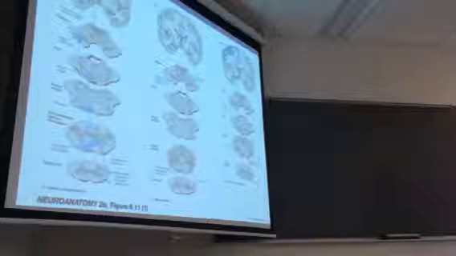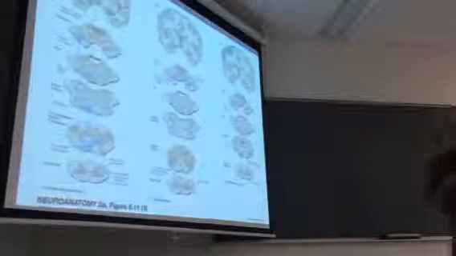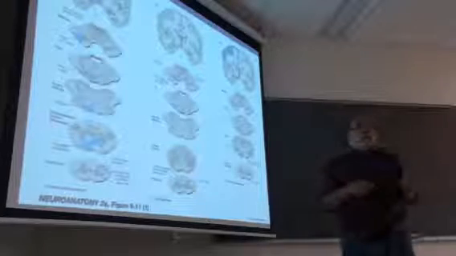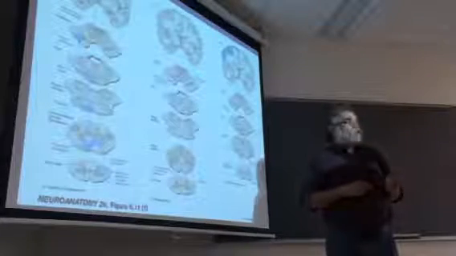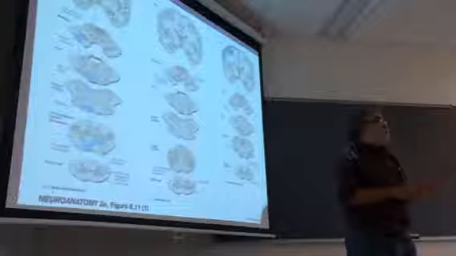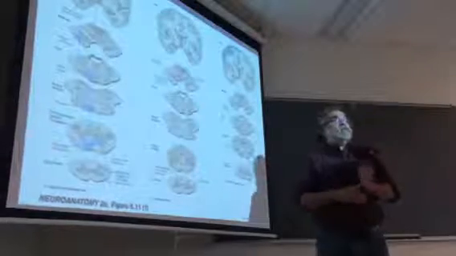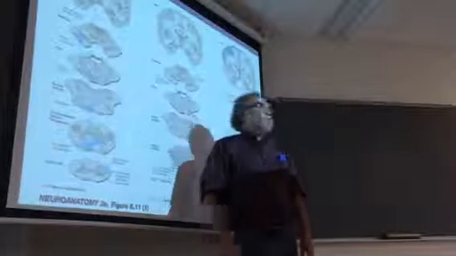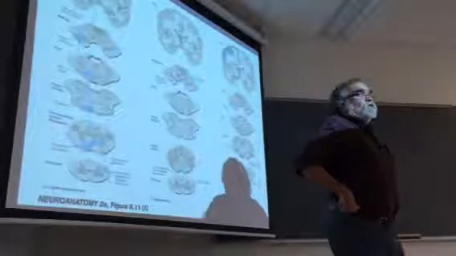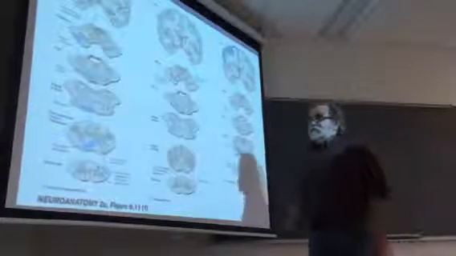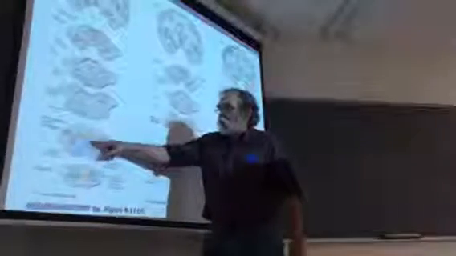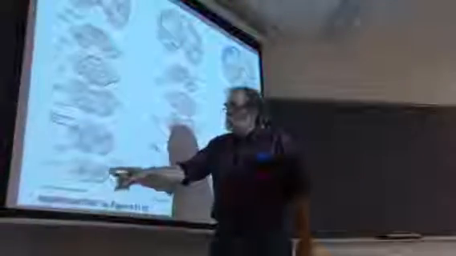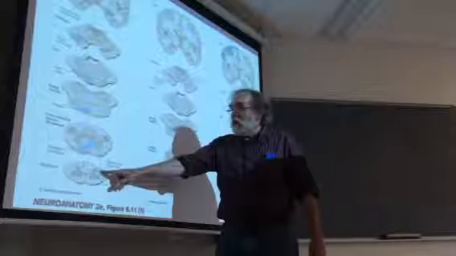decussation. That's the point where the axon and the signal crosses from one side of the brain or one side of the body to the other. This is the pyramid of decussation. This is on the surface of the medulla. So the signal crosses over, continues down, lateral corticospinal tract.